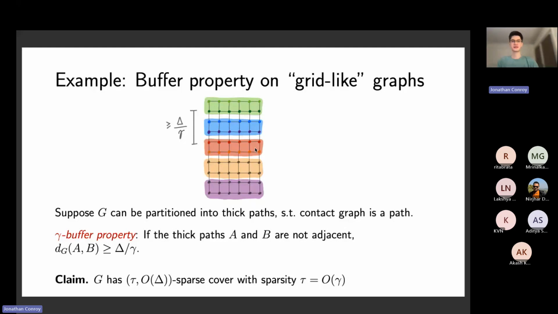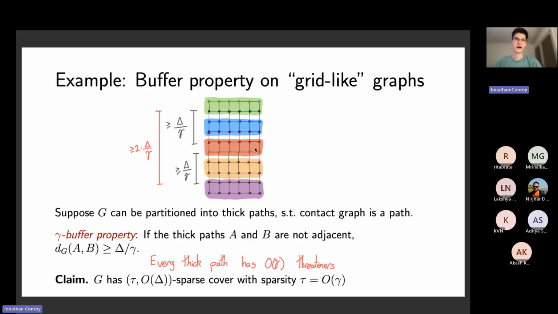Okay, and just to explain why we get sparsity O of gamma. Essentially, if you have this gamma buffer property, you have O of gamma thick paths that are within distance delta, because every time you walk past one thick path, you have to pay delta divided by gamma distance.